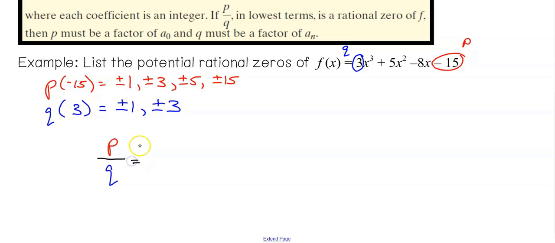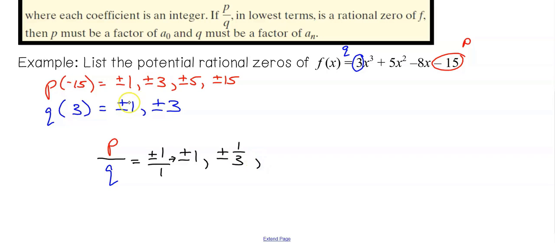So the first one would be 1 divided by 1, so plus or minus 1 divided by 1, which we could rewrite as just plus or minus 1. Okay, our next factor, and just go in order. We did 1 over 1, so now we want to do 1 over 3. So it would be plus or minus 1/3.